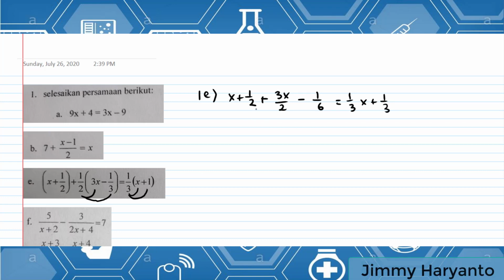Okay, so we have 2 as the denominator, 6 and 3. We have to eliminate them all by multiplying by the LCM. The LCM of 2, 3, and 6 will be 6.